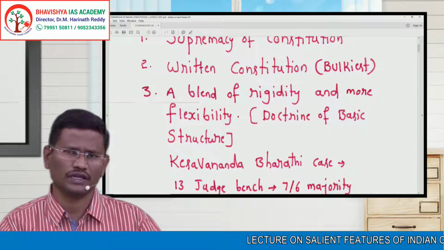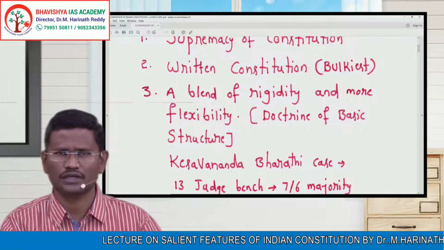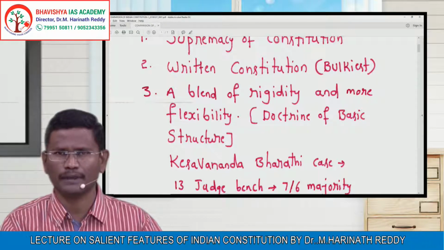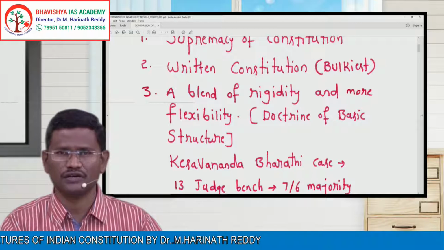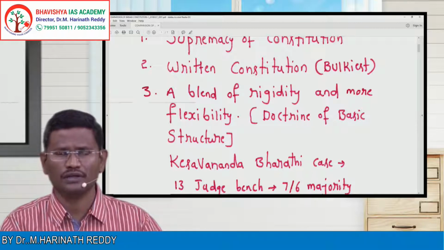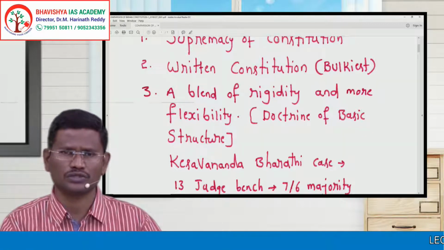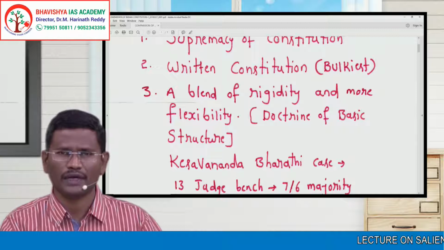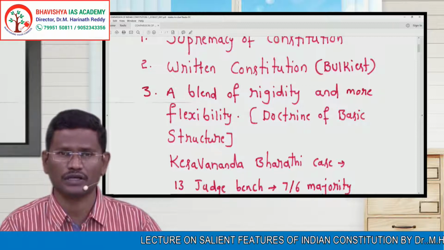So that's why we say that in terms of rigidity and flexibility, the Indian Constitution is a blend. It is a mix of rigidity and flexibility. Remember, it's more flexible than rigid. Most of the provisions of the Indian Constitution can be amended by the Parliament alone, without the participation of the state governments, through simple majority.